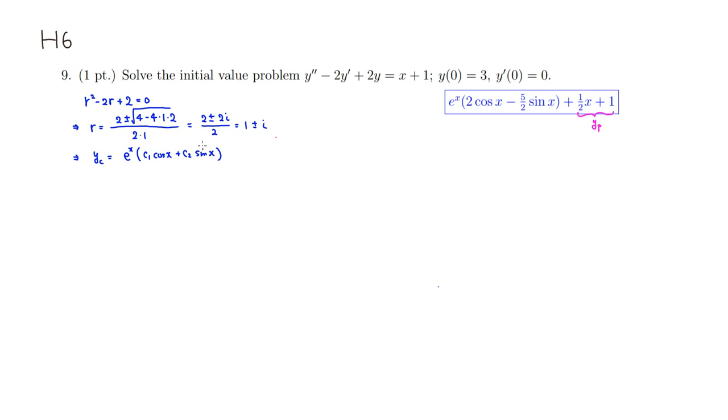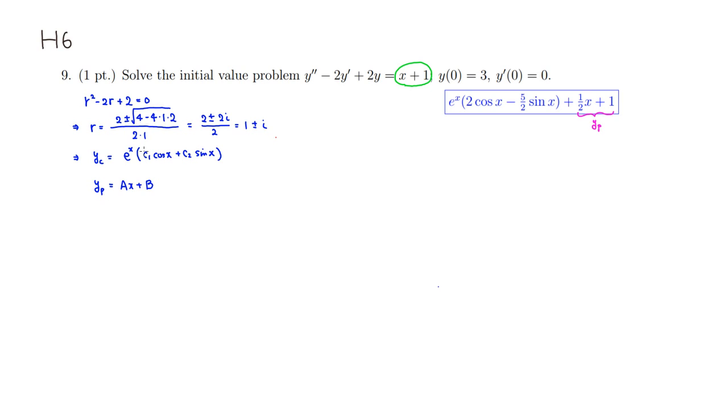So we know the form of the complementary solution, and what we're going to do is look at the right hand side, and think of all possible derivatives. So you have an x term and a constant term. It's actually that's it. So our initial guess would be y sub p is going to be ax plus b.